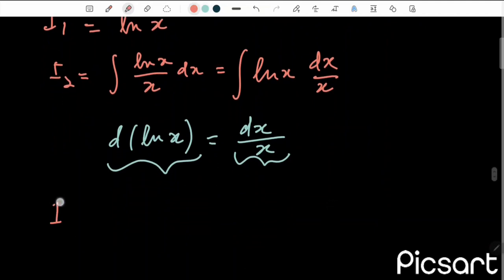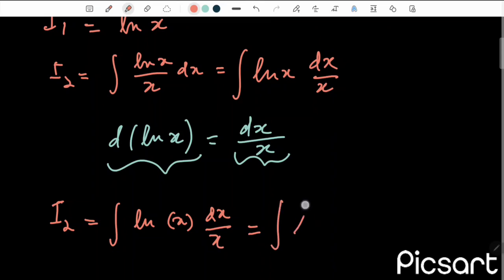Then I2 is equal to the integral of ln of x d of x over x, which is equal to the integral of ln of x d of ln of x.